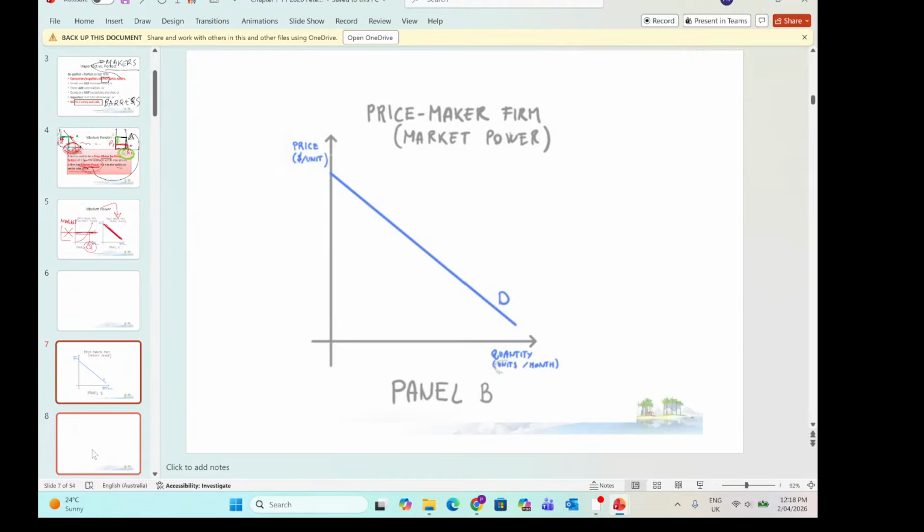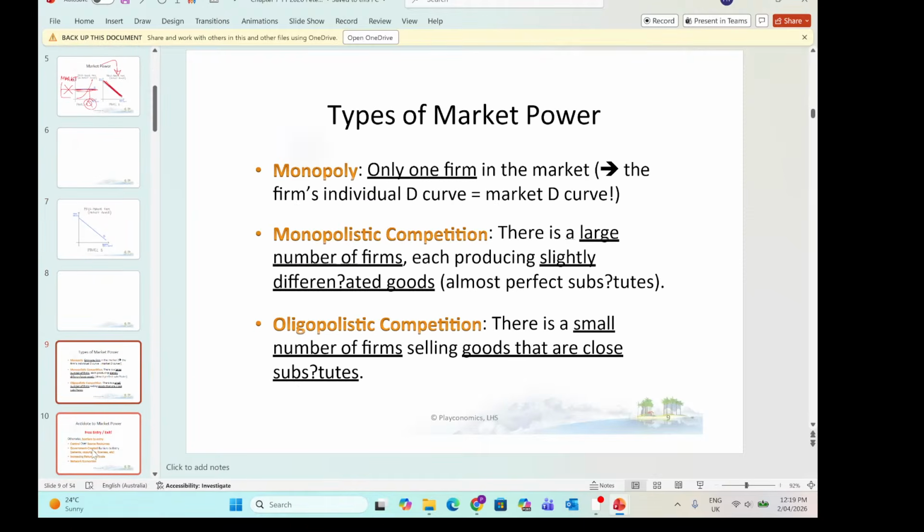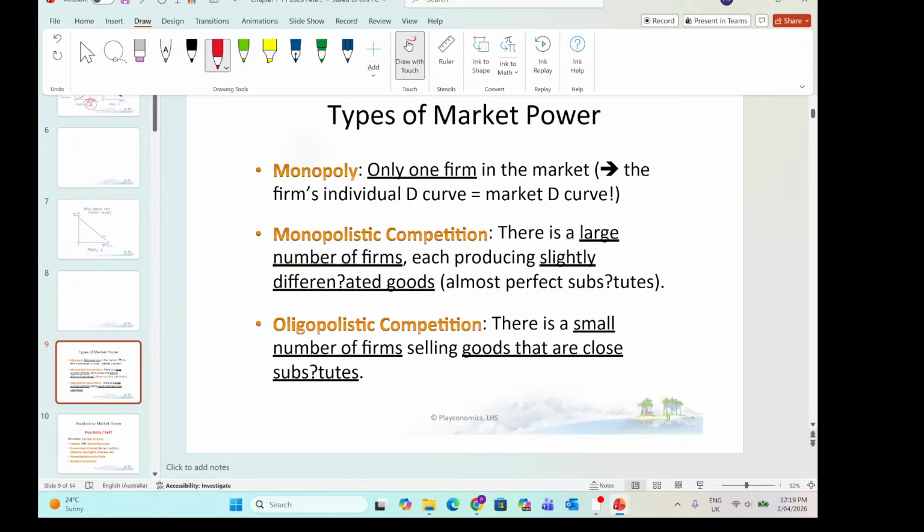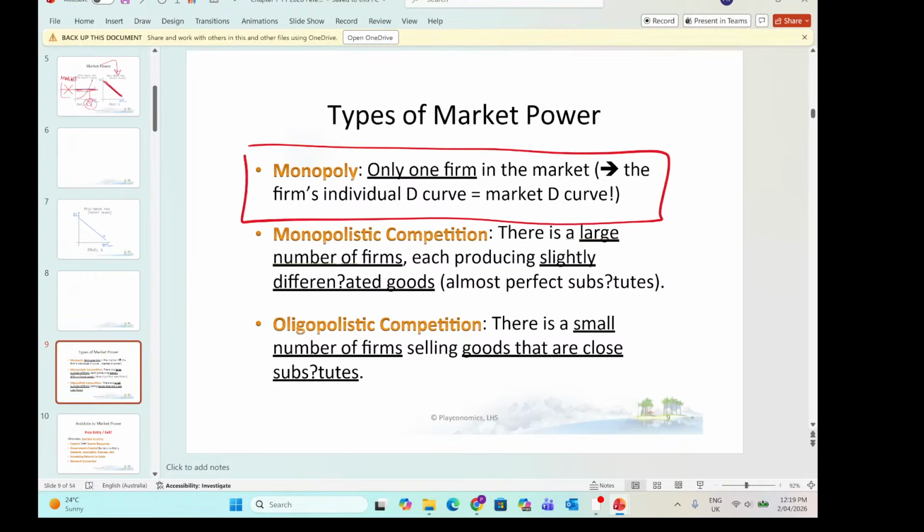All right, so we know that the firm is a price maker. It has a downward sloping demand curve, and we know that firms have market power. Which firms are likely to have more market power? Well, a monopoly is going to have more market power than the others because one determinant of elasticity is the level of competition.